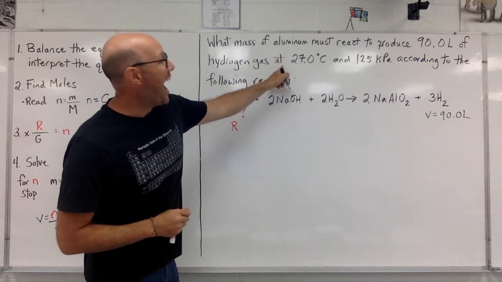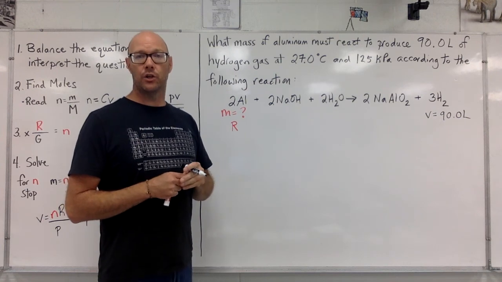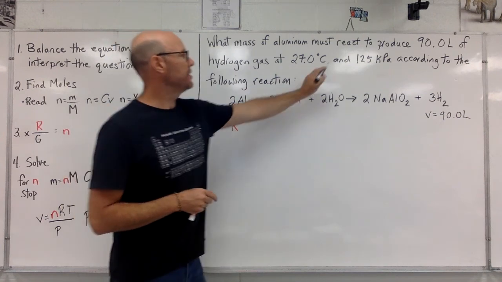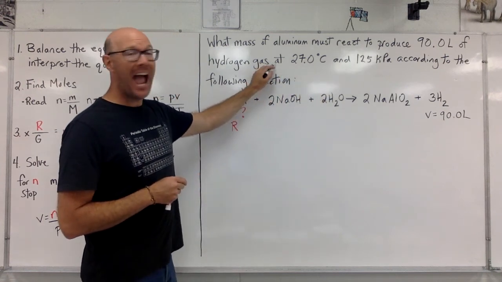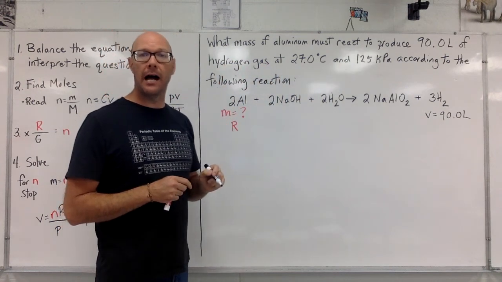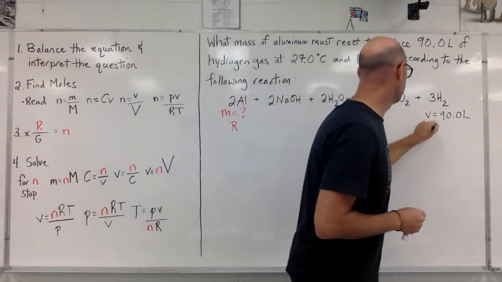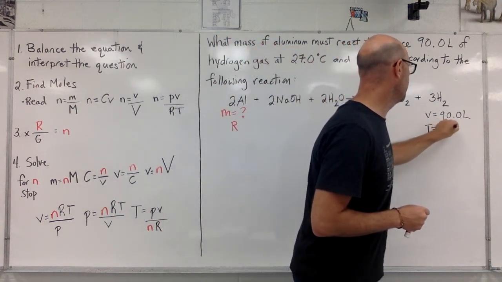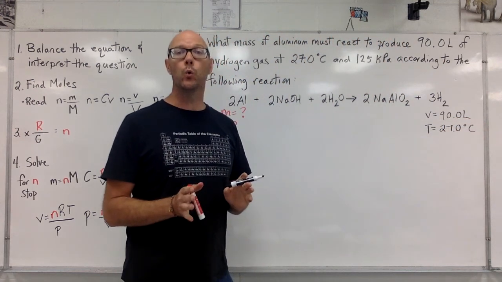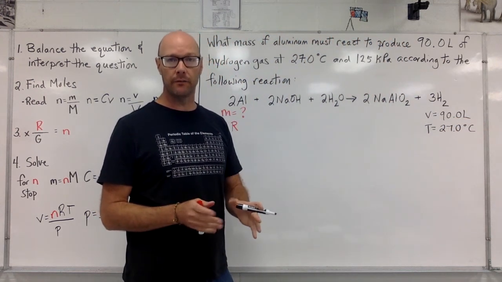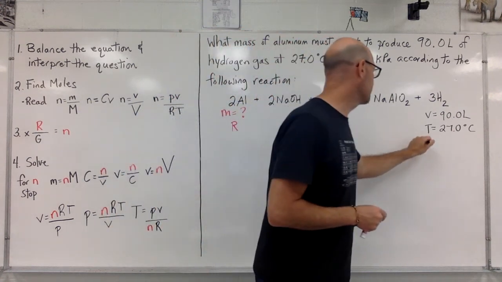Hydrogen gas at 27 degrees Celsius and 125 kilopascals. The "at" links those two numbers together, and links them with the hydrogen gas. So the temperature here is 27.0 degrees Celsius. I'm already thinking, I'm going to have to convert that into Kelvin. And 125 kilopascals, that's the pressure.